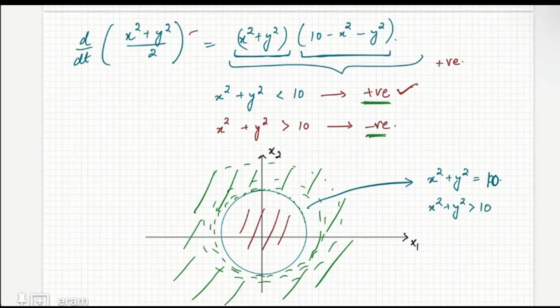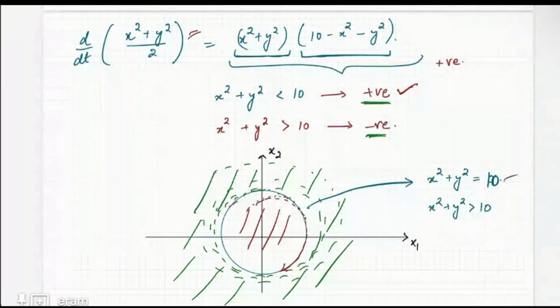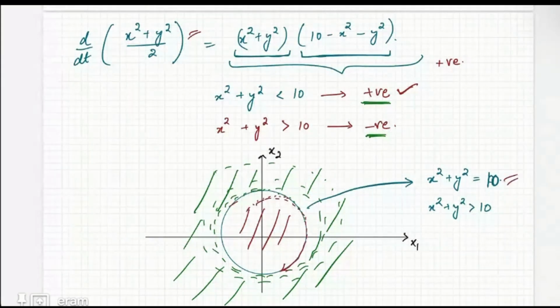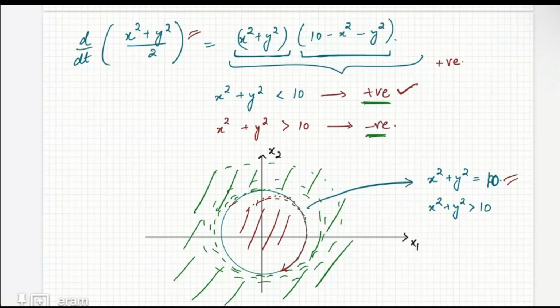So if I start outside this orbit, I will converge to the closed curve x square plus y square equals 10, and if I start inside, I am going to spiral out and then converge to this orbit.